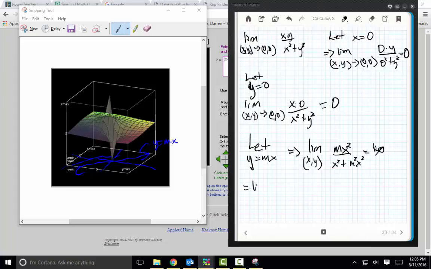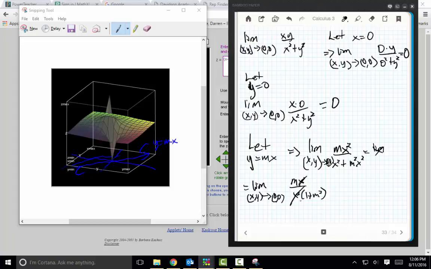This is going to equal the limit as x, y goes to 0, 0 of m x squared over x squared times 1 plus m squared, isn't it? Now what would it give me? The x squareds cancel.